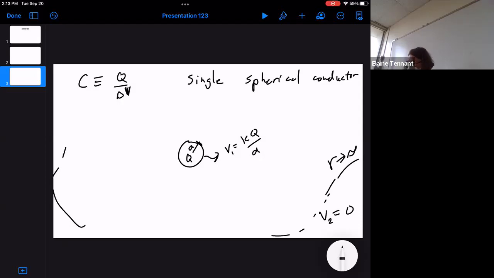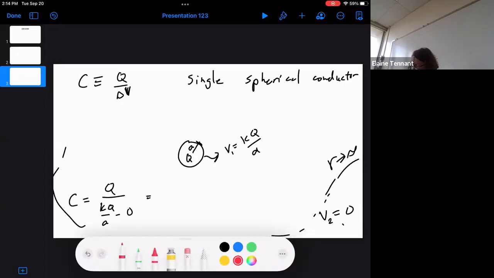Okay, cool. Well, let's figure out the capacitance of the system. Charge is Q, and then my potential difference would be the difference between V2 and V1, right? And the minus sign here doesn't really matter. You're never going to have a negative capacitance. So it's not even like energy where you could have more or less energy. You just have a capacitance. So we have KQ over A minus 0. What's going to happen to those Q's?